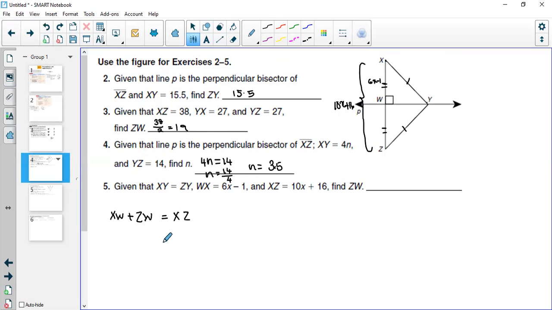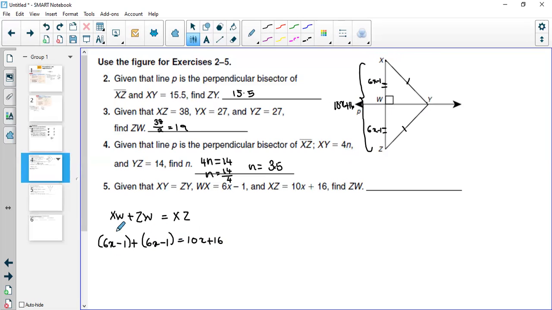Now if I substitute the values, what's the value of XW? That's 6x minus 1. Let me put that in parentheses so that nobody will get confused. Then what's the length of ZW? Now if XW is 6x minus 1, this is also going to be 6x minus 1. So 6x minus 1 plus 6x minus 1 equals XZ, that's 10x plus 16.